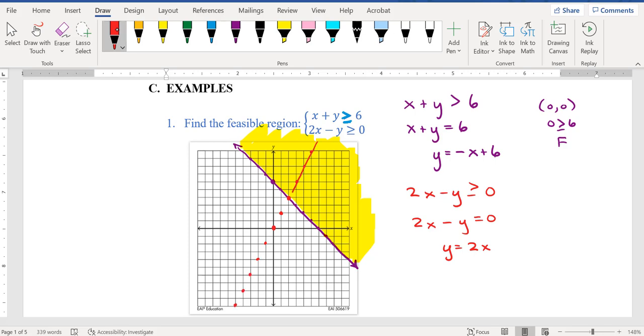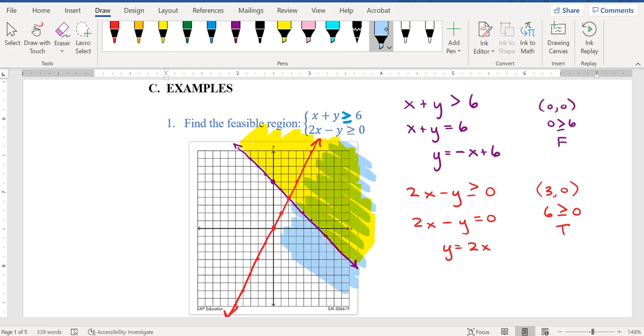It is going to be a solid line. I can't pick 0, 0 this time, but let's pick, say, 3, 0. If I plug in 3 for x, I get 6, and 0 for y is 0. Is 6 greater than or equal to 0? Yes, it's a true statement. So I want to shade this point 3, 0, so I'm shading this region.